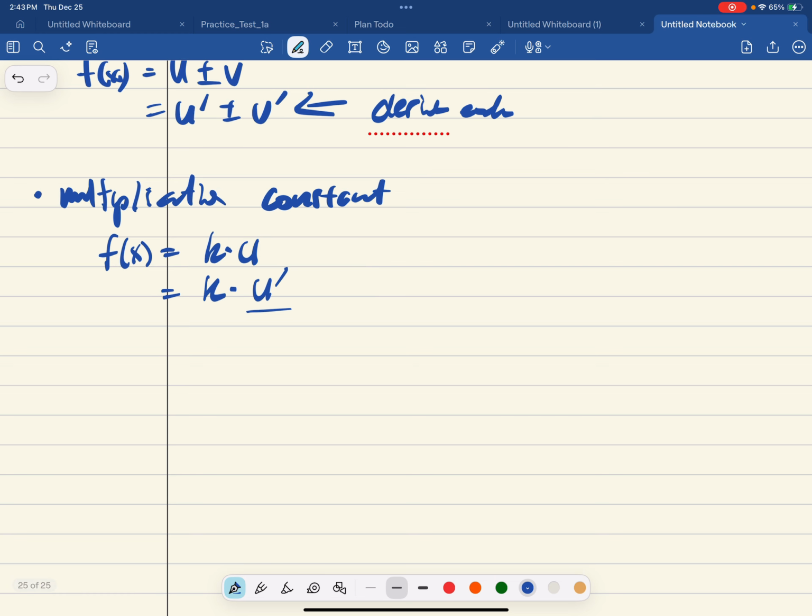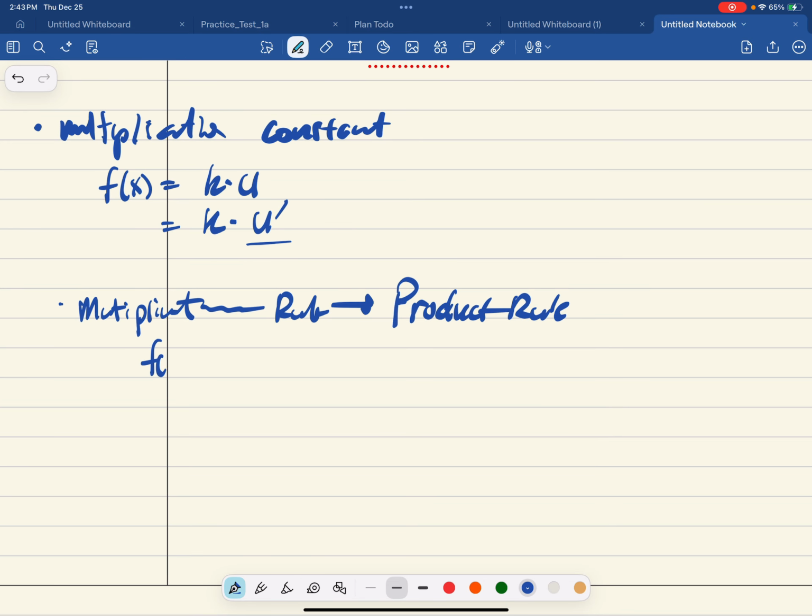And then there's the second multiplication rule, or rather I shouldn't call this a multiplication rule, it's the product rule. And like I said, if a function has components u times v, where each of them is not a constant, u could be 6x to the 4, and v can be 3x to the 2.